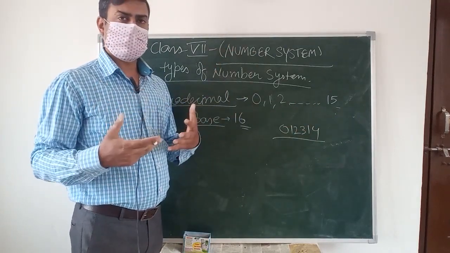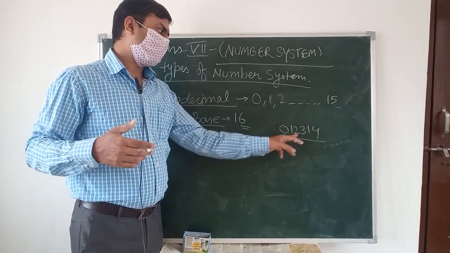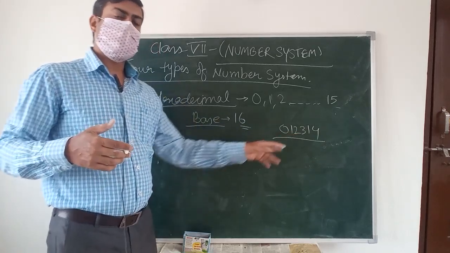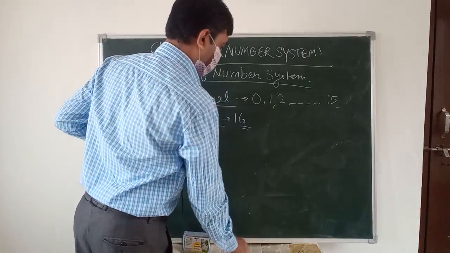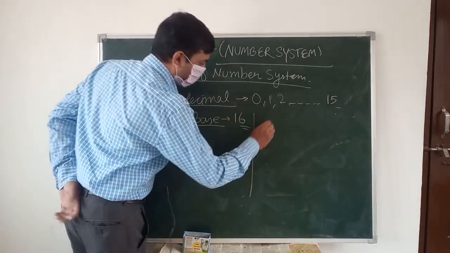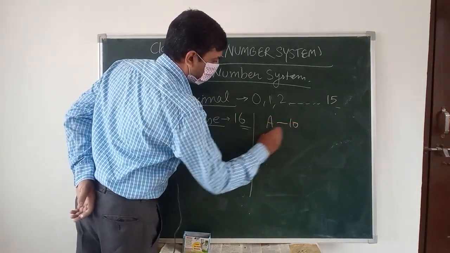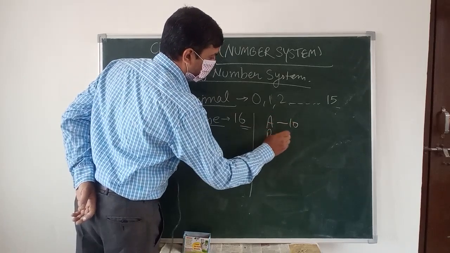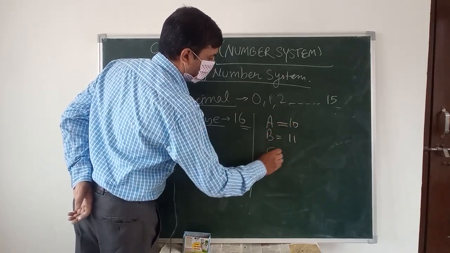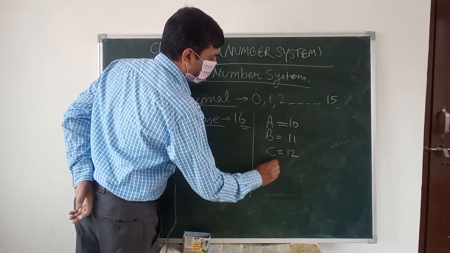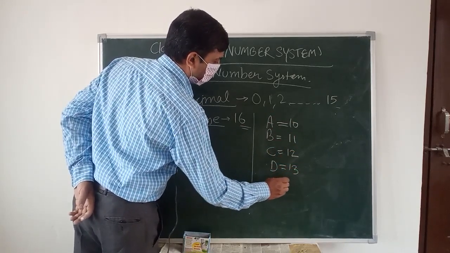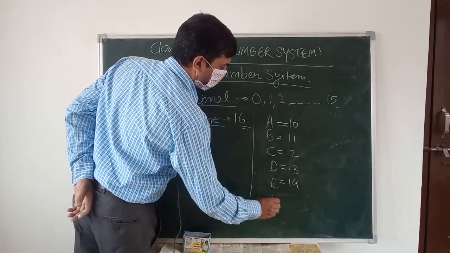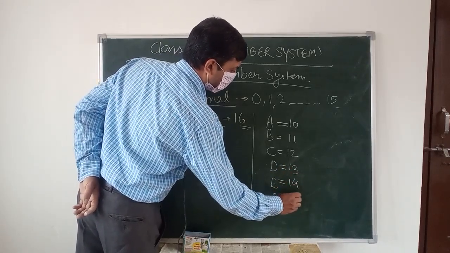So if I want to say that I have written 14 and I have written 12 here, then how will it be? So for that reason, we are calling A 10, B 11, C 12, D 13, E 14, and F 15.